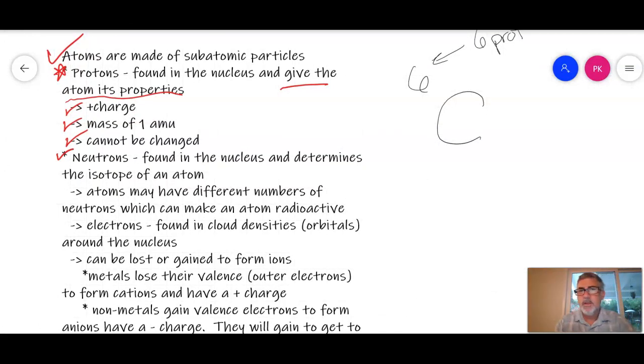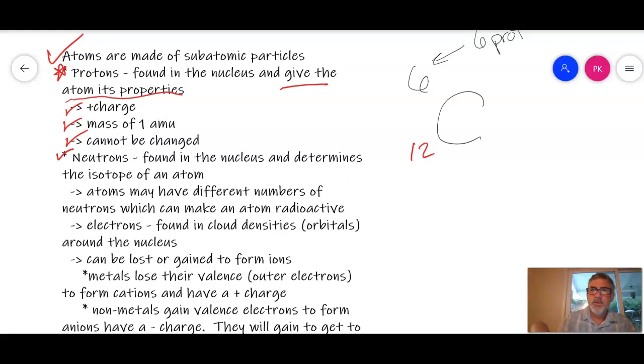Neutrons are also found in the nucleus, and they determine the isotope. So we'll talk about isotopes. Atoms can have different numbers of neutrons, but if it doesn't have the right amount, it tends to make it radioactive. Neutrons determine isotopes. Mostly carbon is 12.